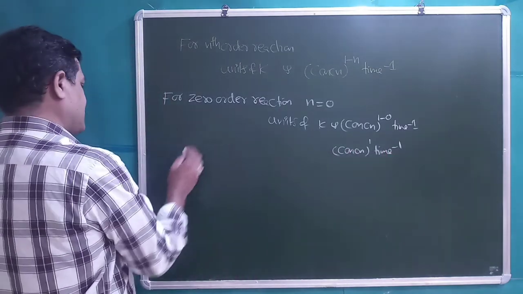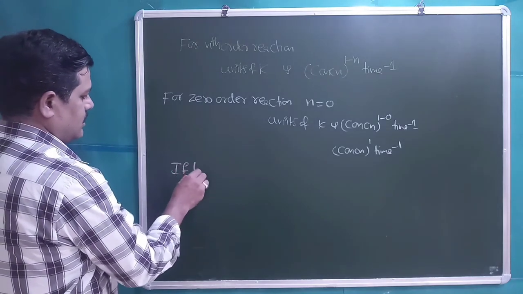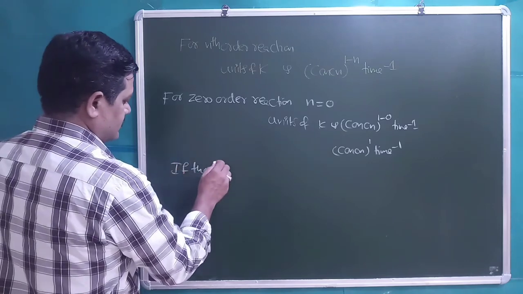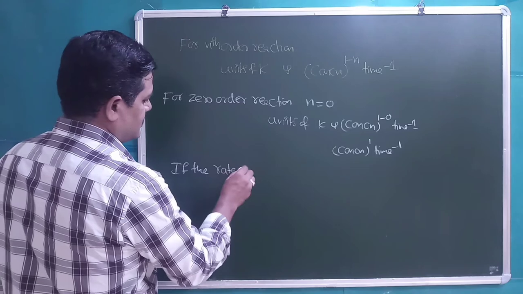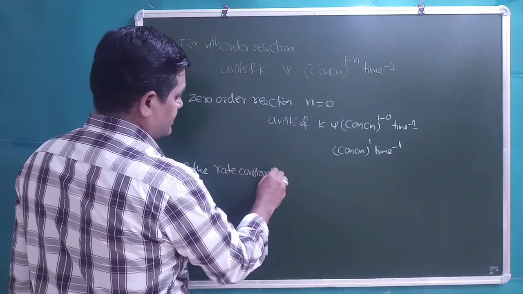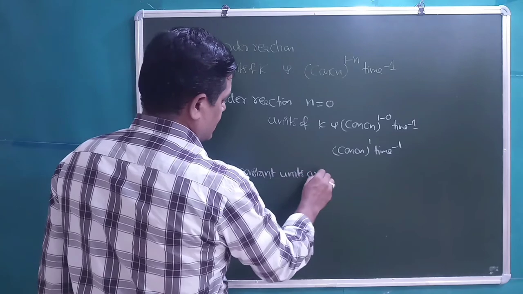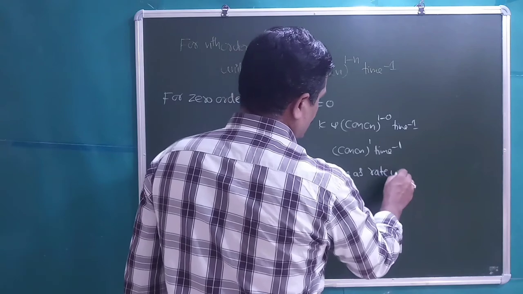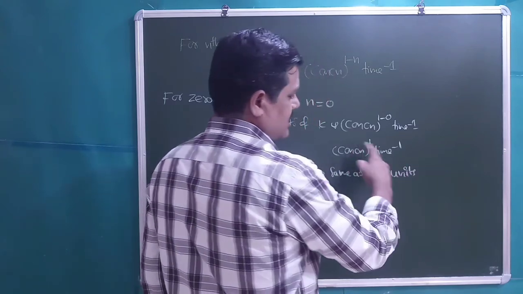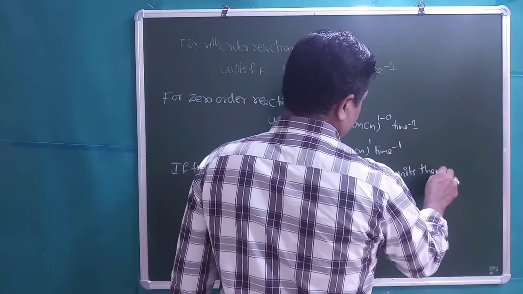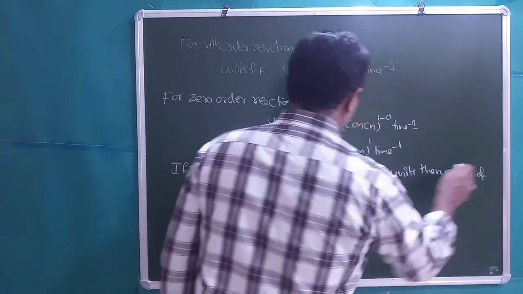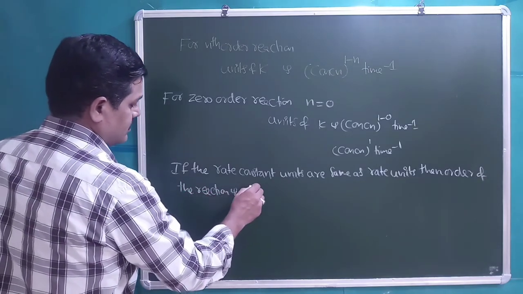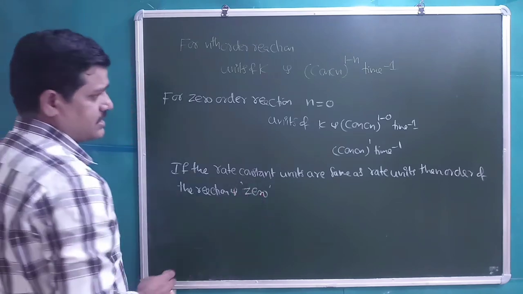This is an important question; sometimes they will ask, if the rate constant units are the same as rate units, concentration divided by time, then the order of the reaction is zero order, right?